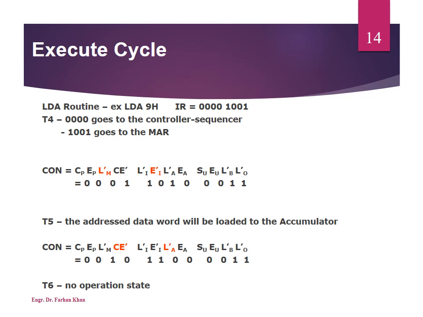Then at T5, the addressed data word will be loaded to the accumulator. As you can see, all the operations of the LDA routine are complete with T5. So at T6, there won't be any operation, but that would be different for other instructions.